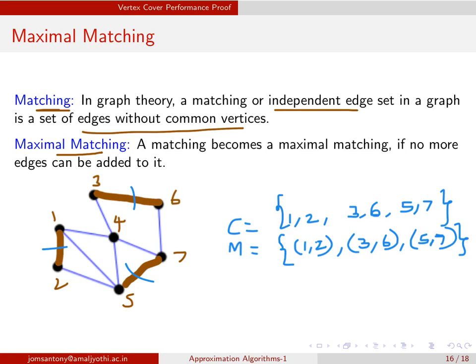Now it is clear that the number of elements in C, given by modulus C, in this case is 6, and the number of elements in the maximal matching set, given by modulus of M, is 3. So it is evident that the number of elements in the vertex cover set, modulus of C, is always equal to 2 times the elements present in the maximal matching set M.